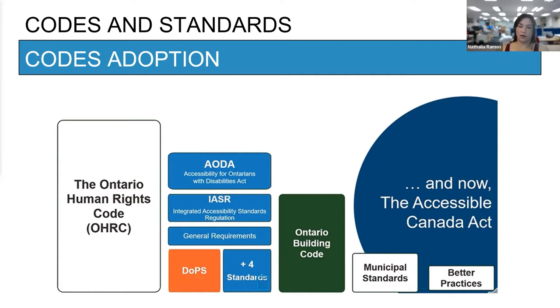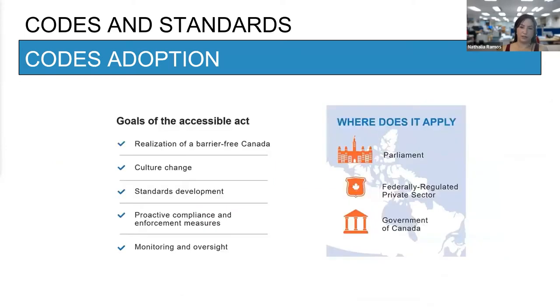And we also have to talk about the Accessible Canada Act that applies to federally owned properties or federally regulated organizations. So here the goals of the Accessible Canada Act are the realization of a barrier-free Canada, culture change, standards development, proactive compliance and enforcement measures, and monitoring and oversight of all the public projects.